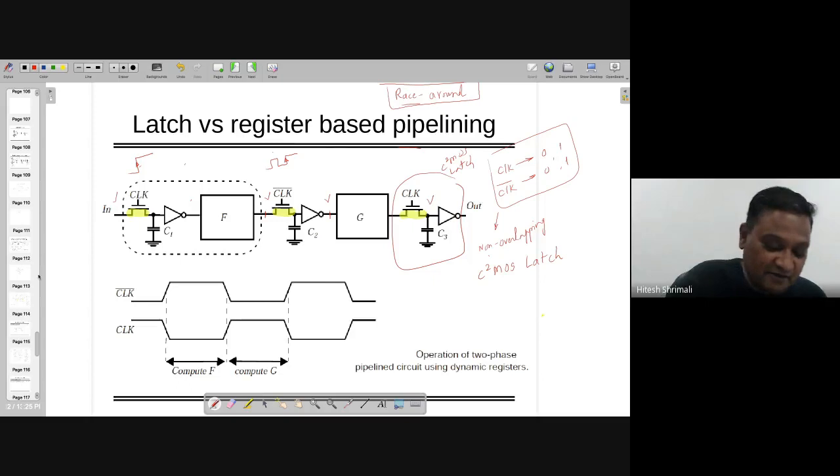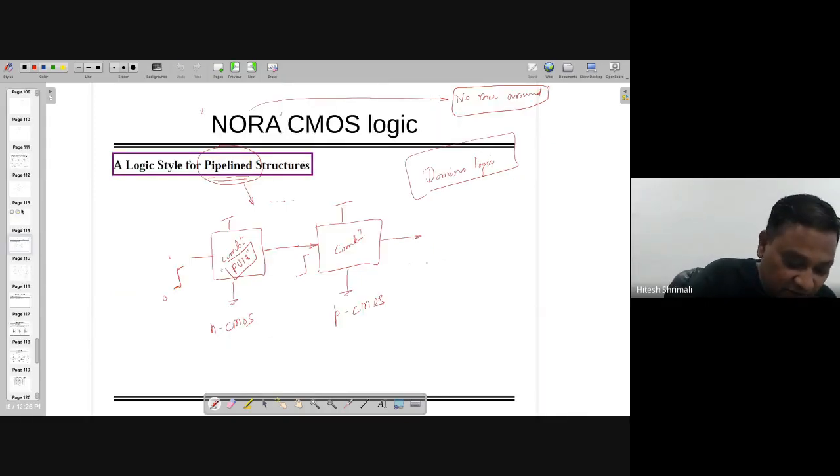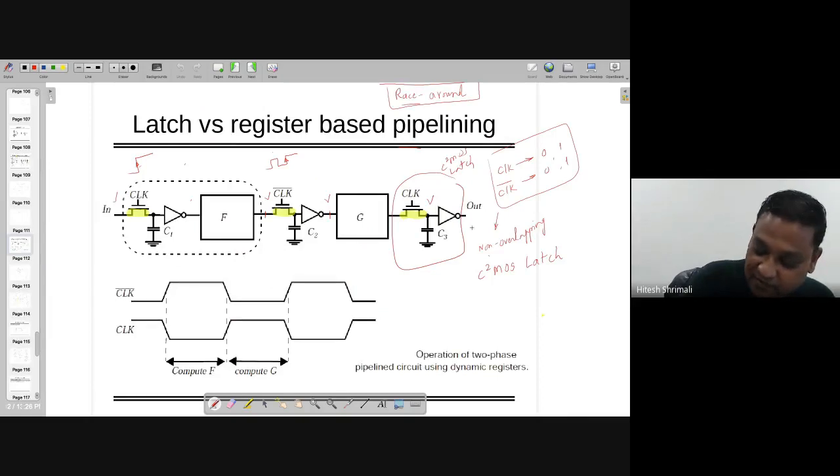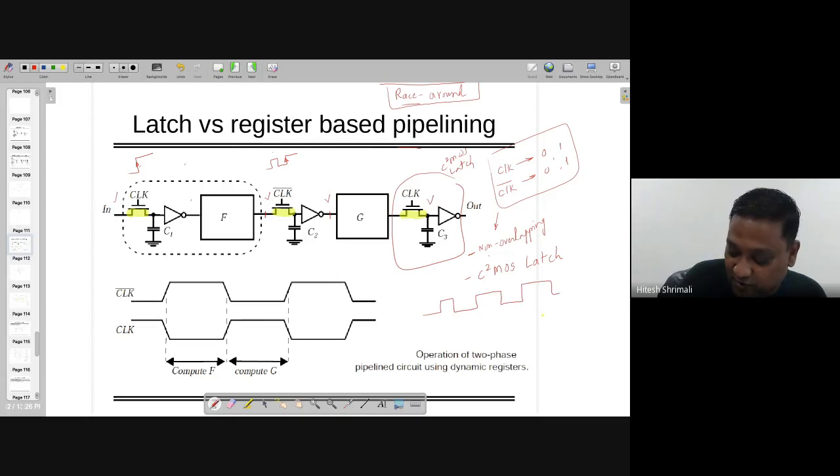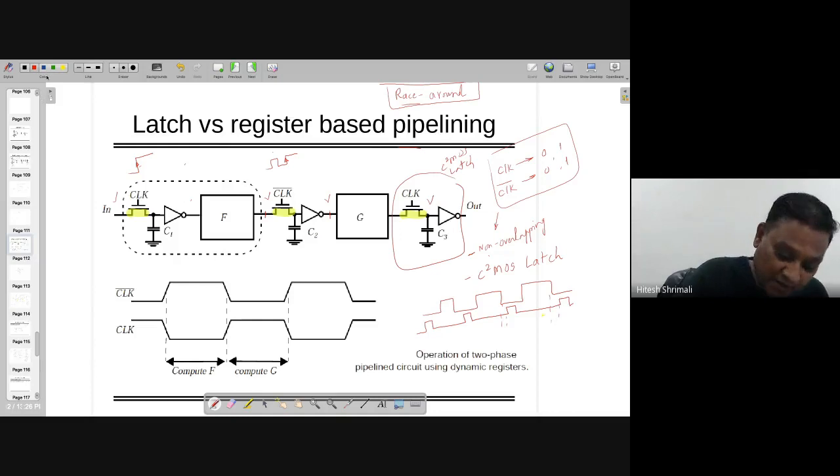So what we have done is use the technique known as the C-square MOS latch. If you remember, I gave you different options also. One of them is to use non-overlapping clocks. If they are like this, no problem. There is a 0 0 overlap, no problem.